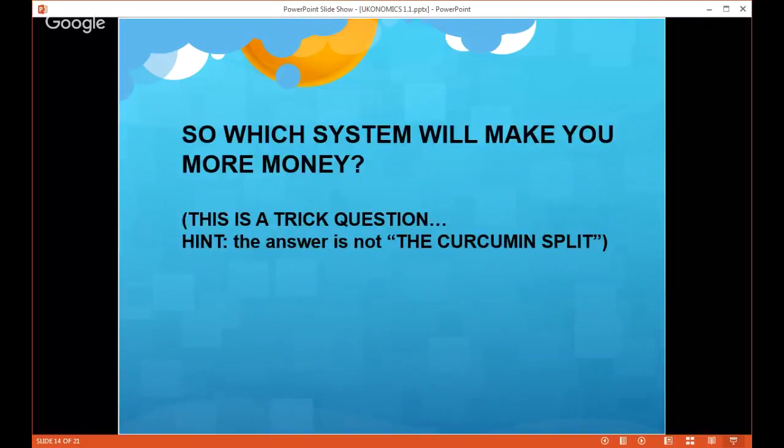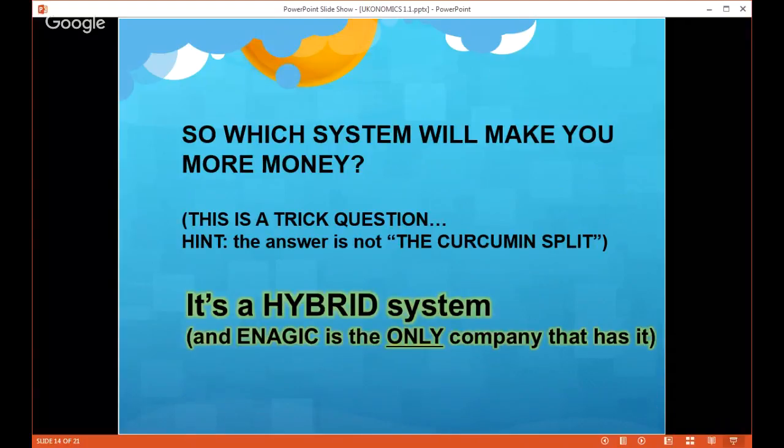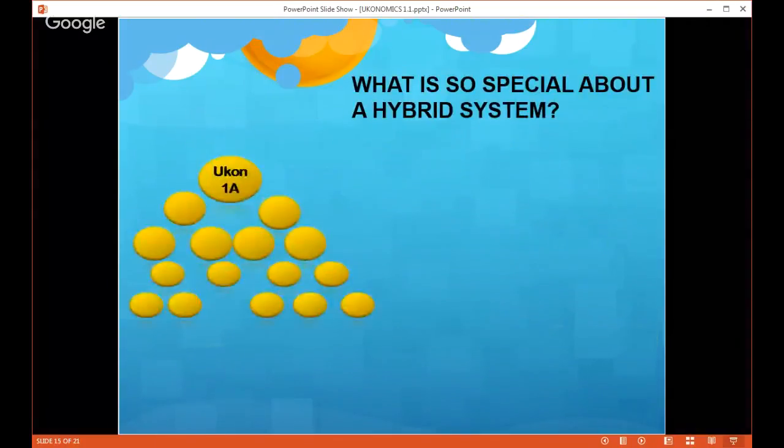So, which one really makes more money? When you see the curcumin split, you'll say the curcumin split. And you say the water machine, well, maybe not so. But if you combine the two, you can make a heck of a lot of money.